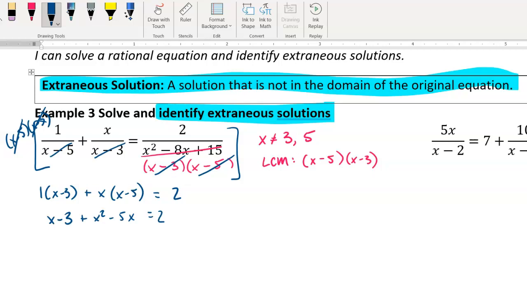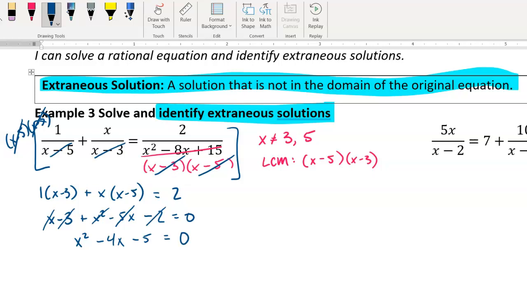And then distribute the x through, and you get x squared minus 5x, and then it's equal to 2. So what I want to do is write this as a quadratic. When I write this as a quadratic, I want to put it in standard form, so it'll be x squared, and then I'm going to subtract 2 from both sides so I can get this equal to 0. All right, so now when I combine like terms, we would have x minus 5x, that's minus 4x, and negative 3 minus 2, that's negative 5.